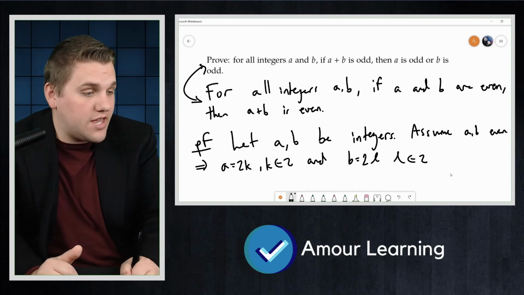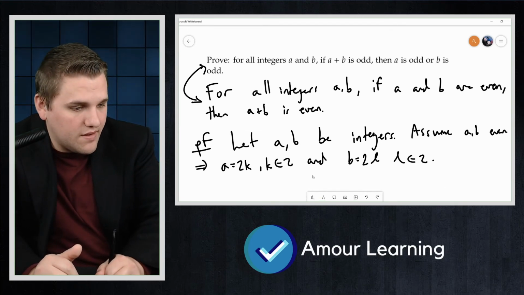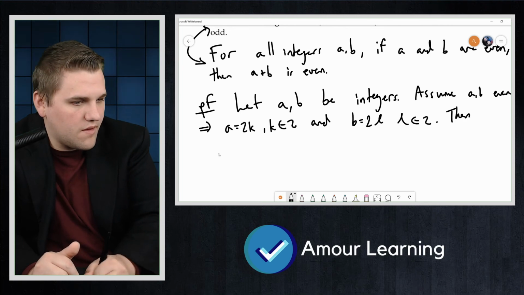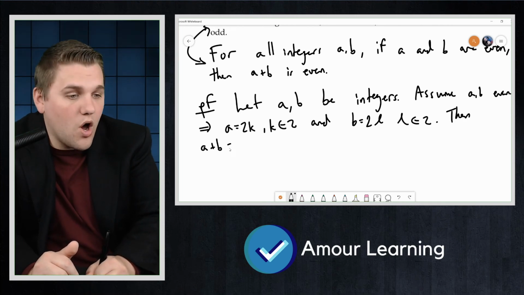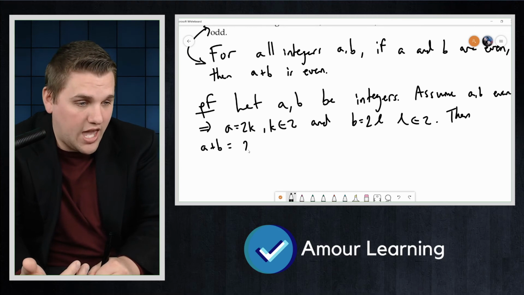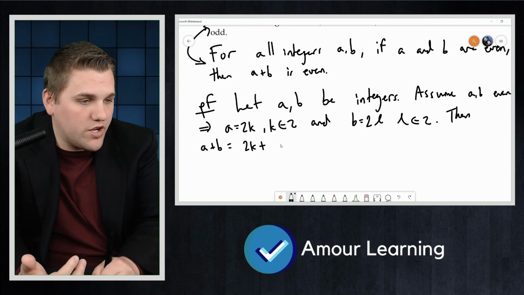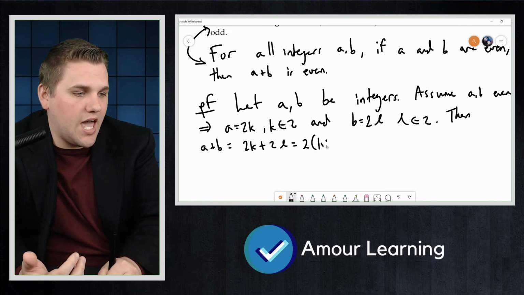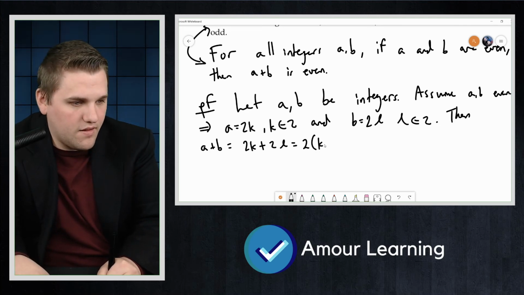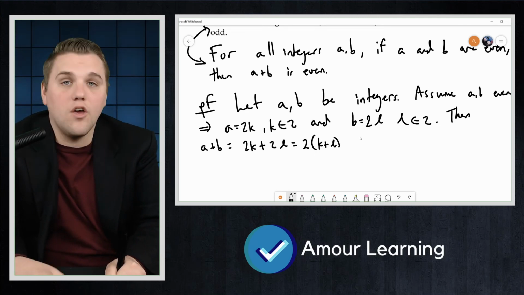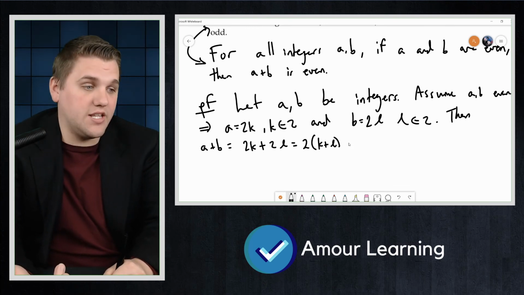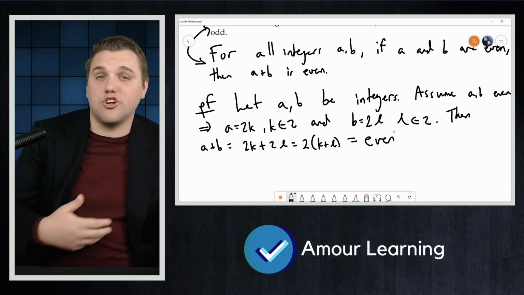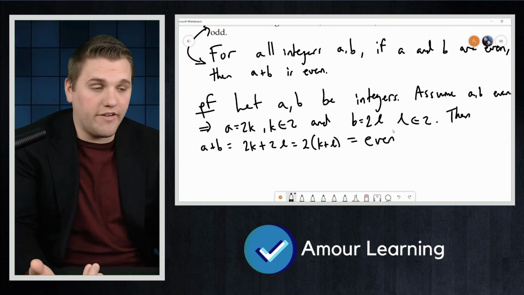So that means then that a plus b, well, we know what a and b are. a is 2k plus b, which is 2l. Well, this is just 2 times k plus l, which is an even number since k and l are integers, so k plus l is an integer.